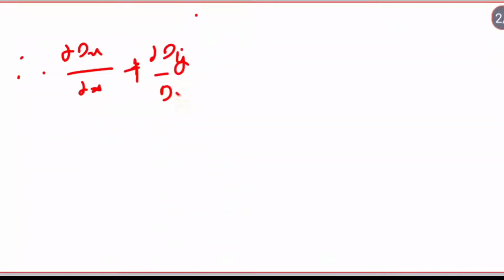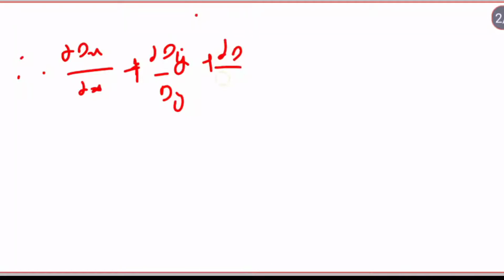Now send the delta V to the other side. Therefore we can write dou Dx by dou x plus dou Dy by dou y plus dou Dz by dou z.